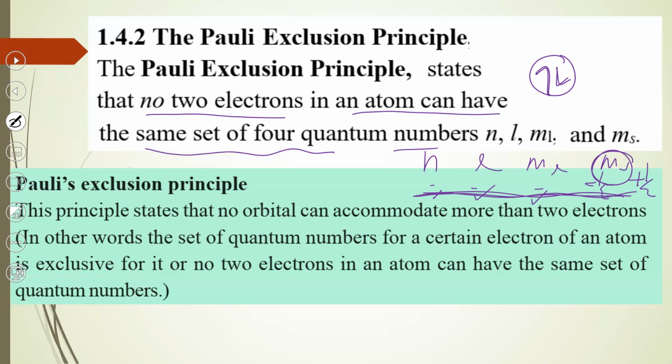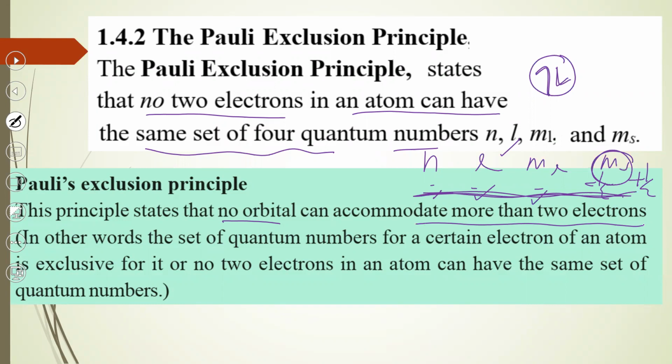In the old resource book, I have come across certain other information. It is also there in the new resource book. This principle states that no orbital can accommodate more than 2 electrons. This is another way of explaining the Pauli exclusion principle, right? Within brackets, they also mention the set of quantum numbers.